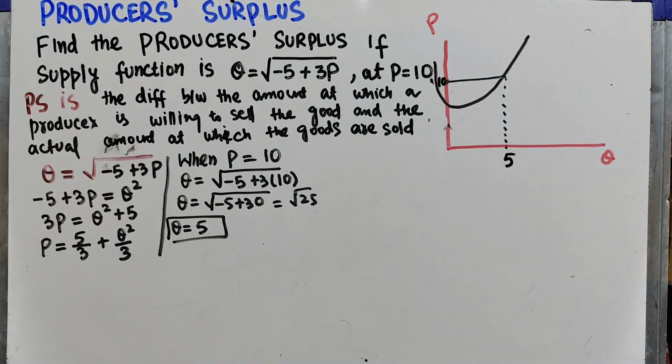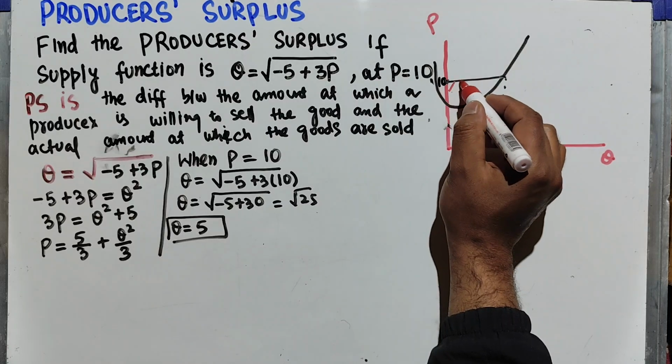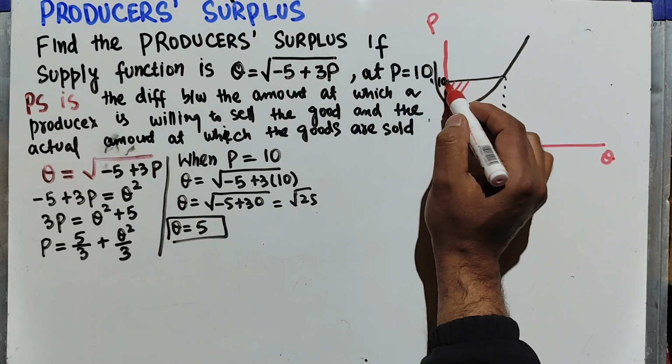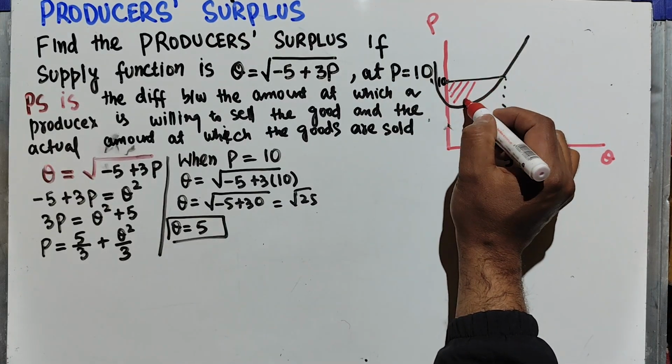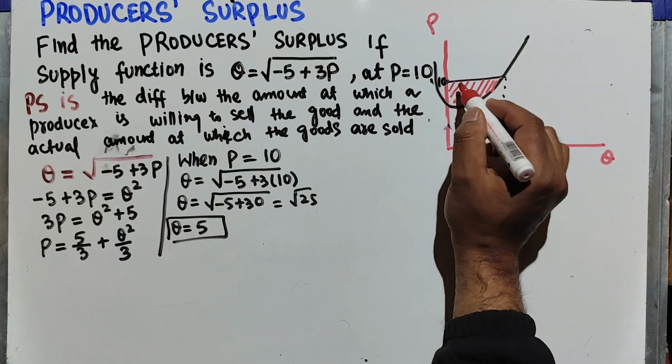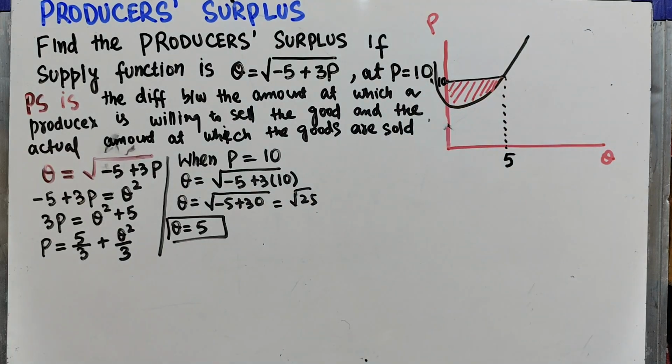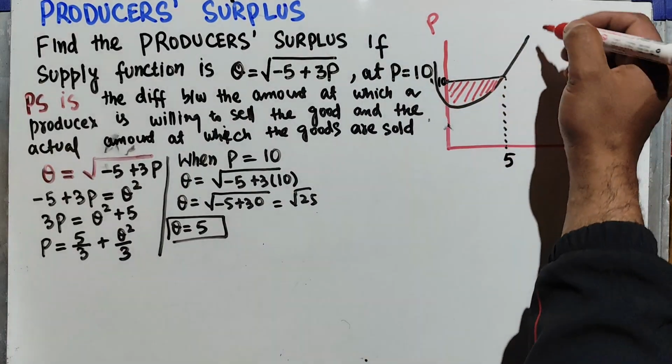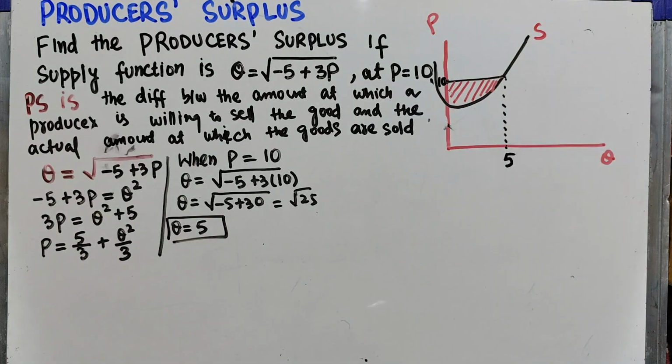Now what will be the producer surplus? Producer surplus will be equal to the area which is below the market price and above the supply function. So the area of this very region gives us the producer surplus. How do we calculate the area of this region?